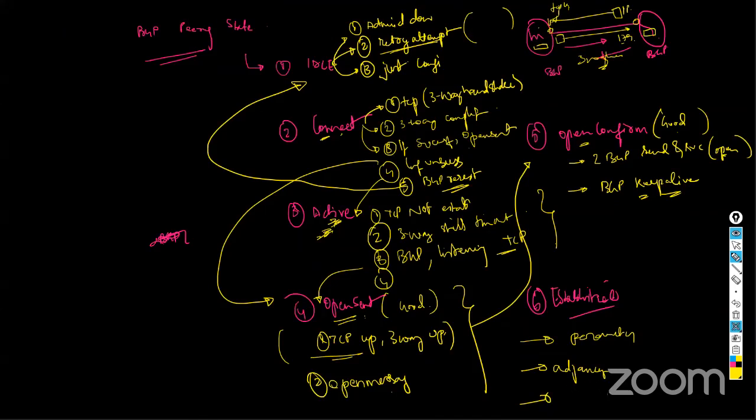You have exchanged all the routes and you are a happy neighbor now. The two BGP routers have exchanged the routes. They have formed the complete adjacency. They have gone through all the neighbor parameters and all those things.